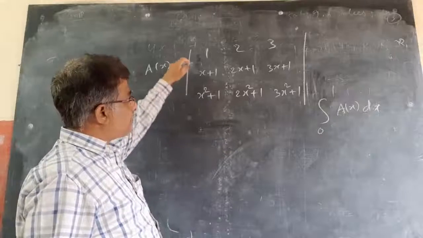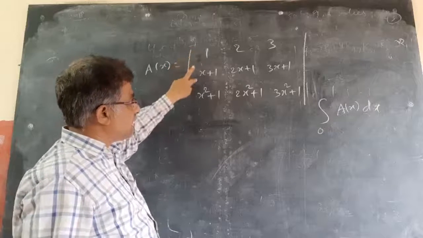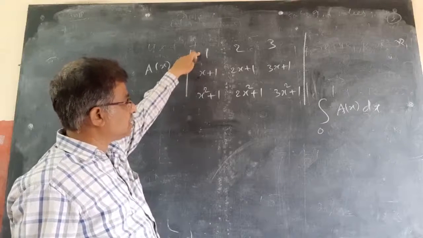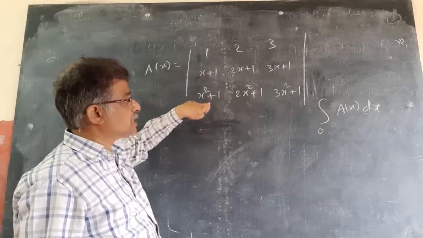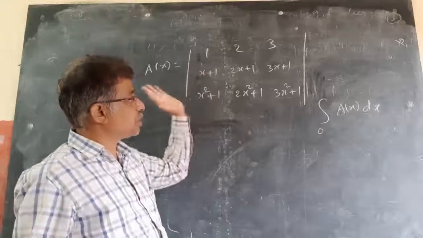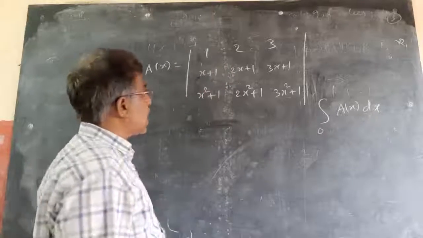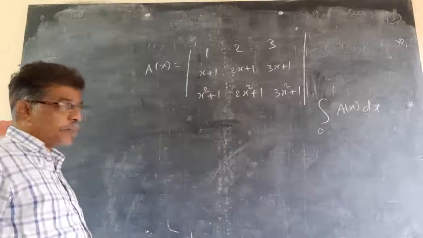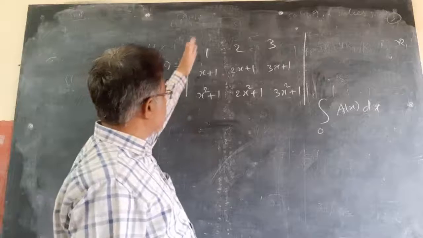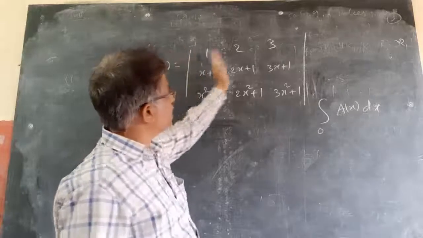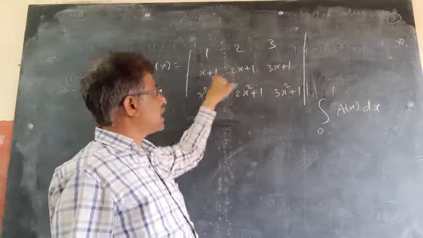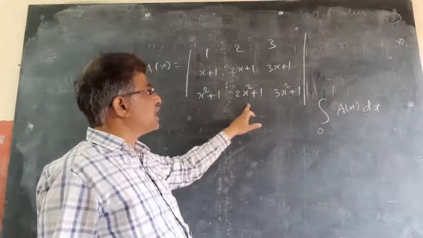If you want row operation, this into x minus this, so that x gets cancelled here. Like say this into x square minus this, you will get one way. Otherwise column operation. If you want to do this into 2 minus this, so that 2 minus 2 is 0 here, 2x gets cancelled, left out here something will be there like that.